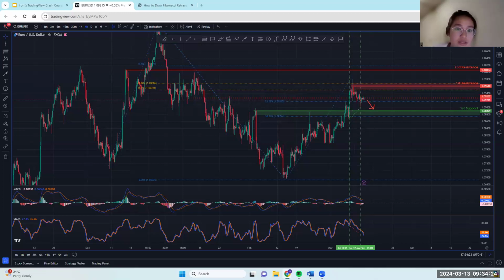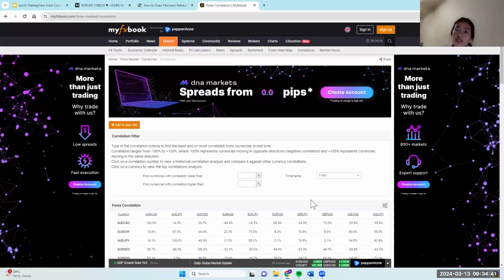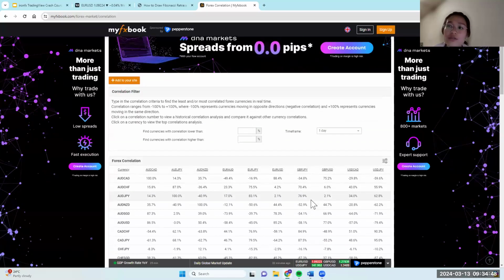Okay, I just want to show you guys some correlation things that you can do on TradingView as well. This here is my FX book, and it basically gives you a list of all of the currencies that are correlated.